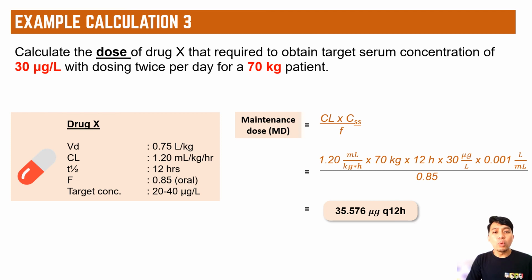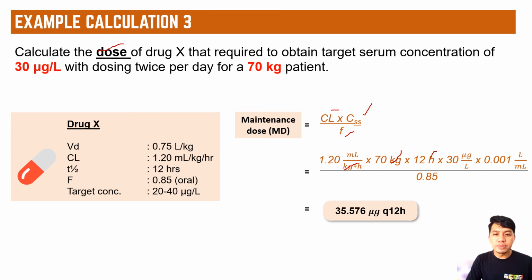So when it is one dose, it is referred to as the maintenance dose. So using the maintenance dose equation, which is the clearance times the CSS divided by the bioavailability. So the clearance rate is 1.2 milliliter per kilogram per hour. Don't forget to multiply by the patient's body weight of 70 kilogram, so that you are able to cancel the kilogram value in the data.